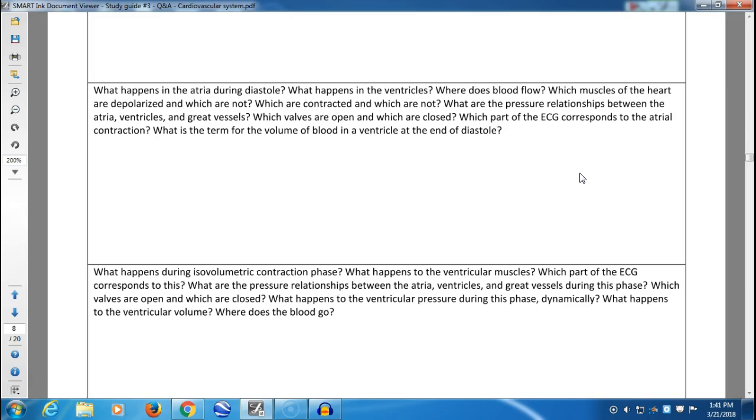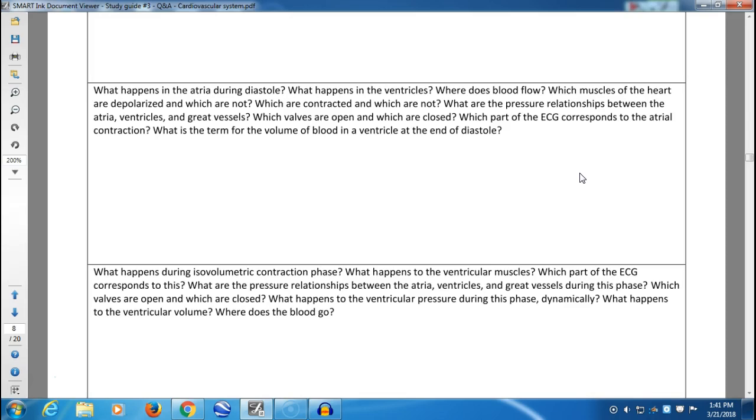Does it change? No. What happens to the pressure in the ventricle? It increases, and when is sort of a threshold? When it increases over what? Aortic pressure, what opens? Semilunar valve. And blood starts to flow into the aorta.